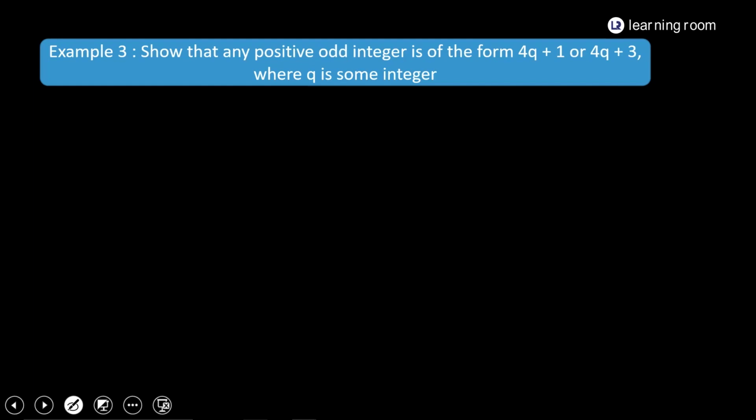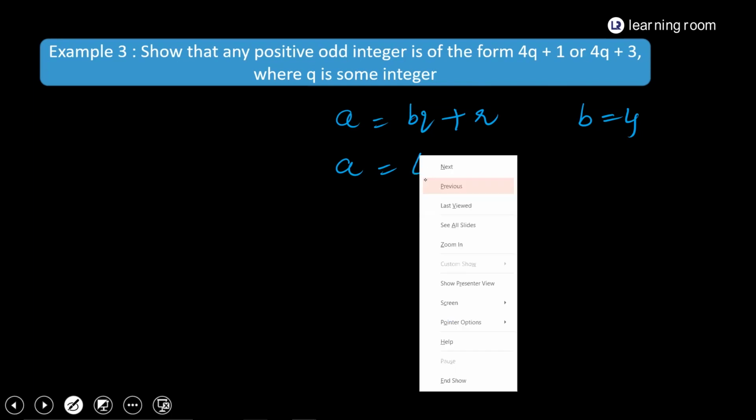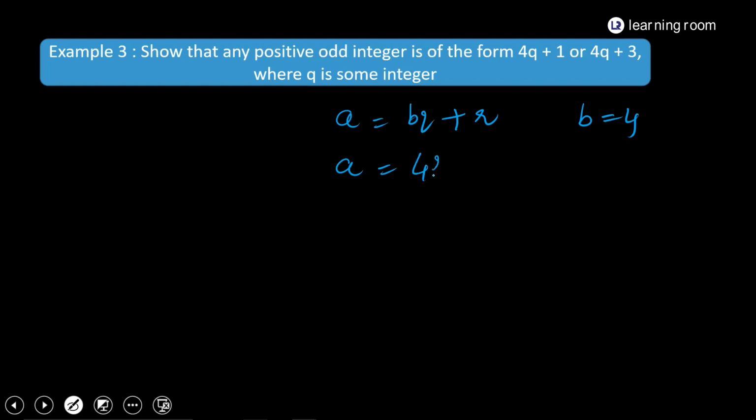No, right? So let's consider b is equal to 4. Then how can you express a equal to bq plus r, with b equal to 4? So now what is a? a is equal to 4q plus r. So what is the range of values r can take?